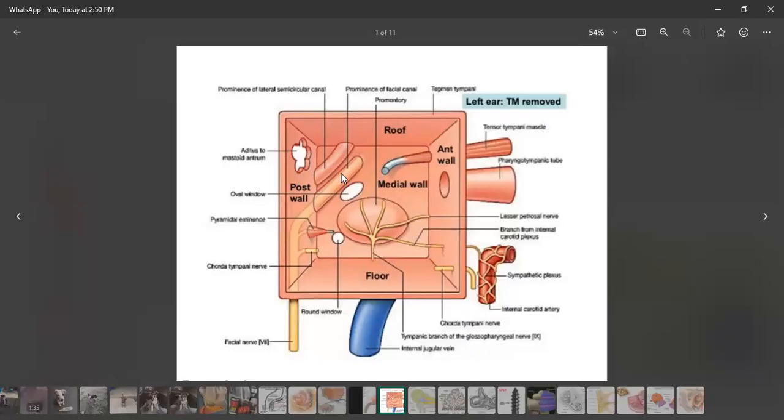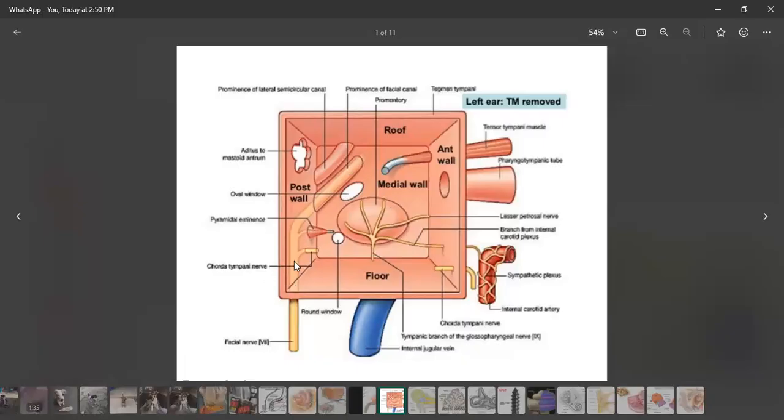And also you have the prominence of the facial canal and the prominence of the lateral semicircular canal. These two will form a prominence on this medial wall. These two are located in the inner ear. Then the facial nerve will pass out through this posterior wall, through the stylomastoid foramen onto the face.